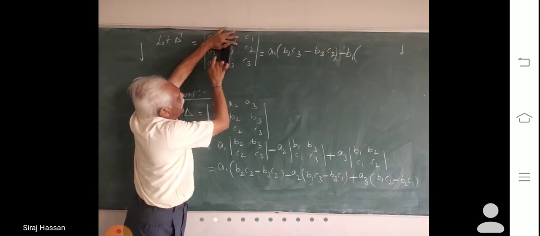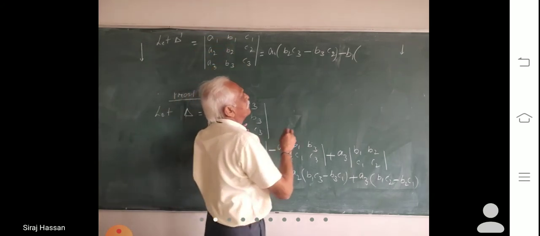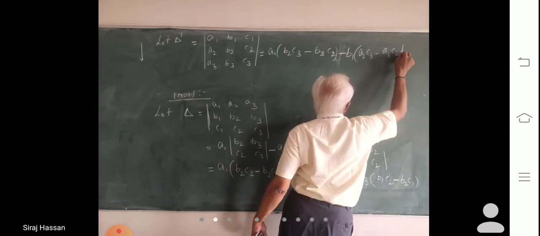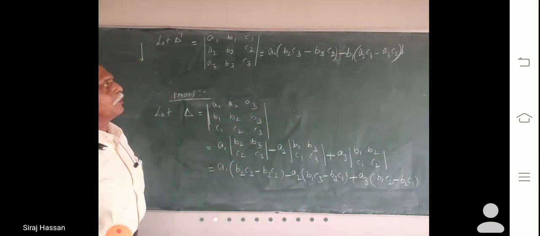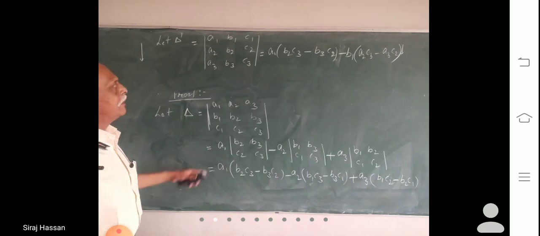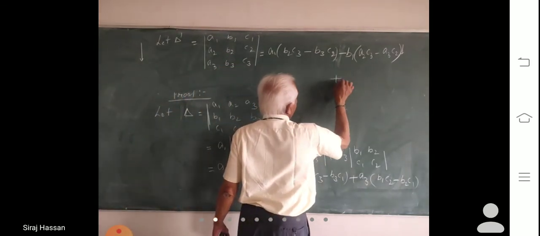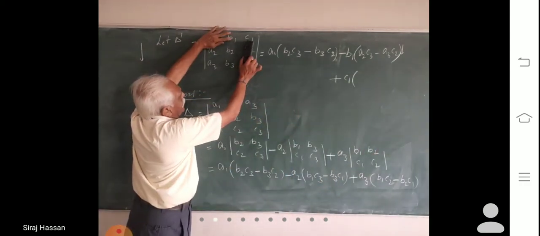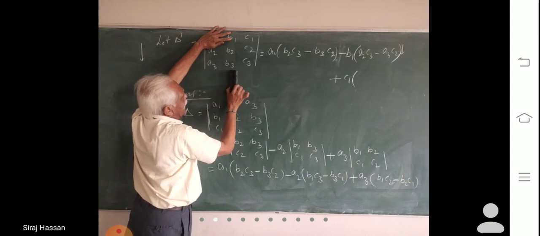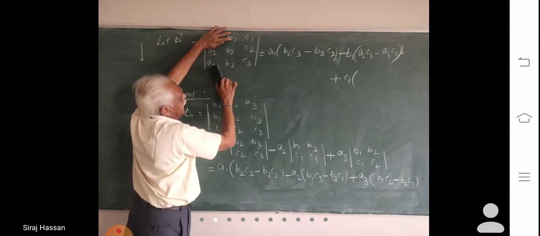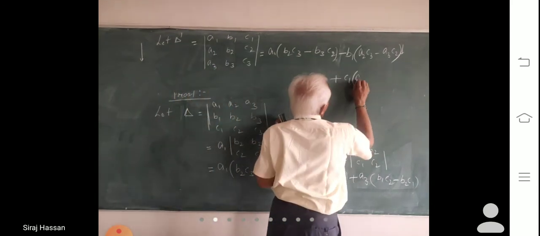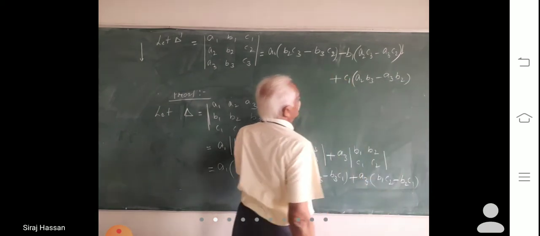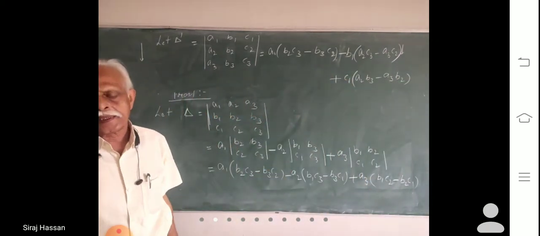What you will be getting? A2 C3 minus A3 C2. With the third element plus C1 into, eliminating the row and the column, you are getting A2 B3 minus A3 B2. Copy down fast.